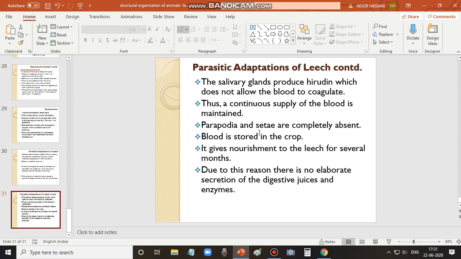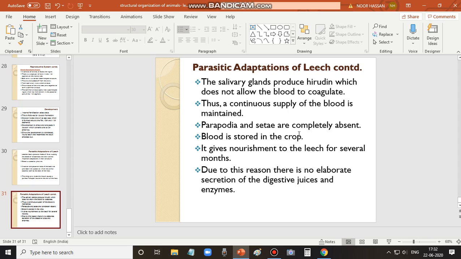Parapodia and chaetae are structures useful in locomotion. They are present in other animals that come under phylum Annelida, like earthworms, but here in leech, no parapodia and chaetae are present. Blood is stored in the crop, as we have learnt in the digestive system.